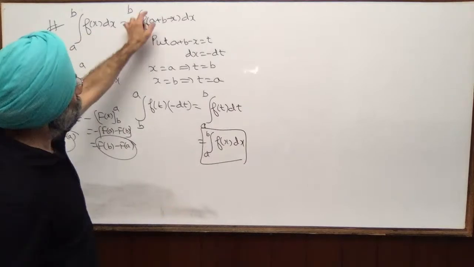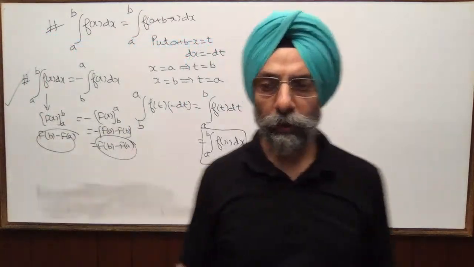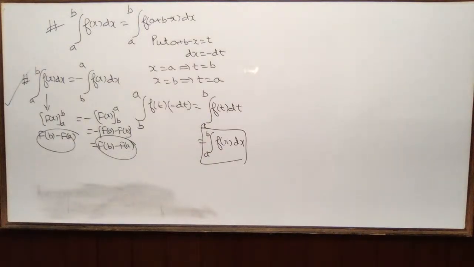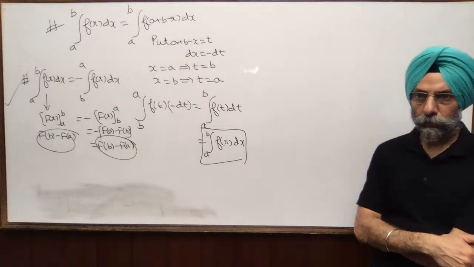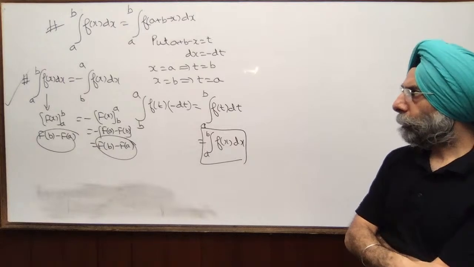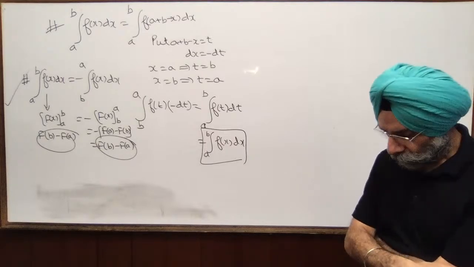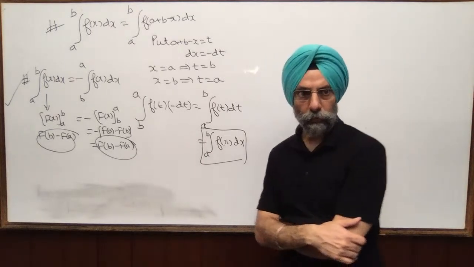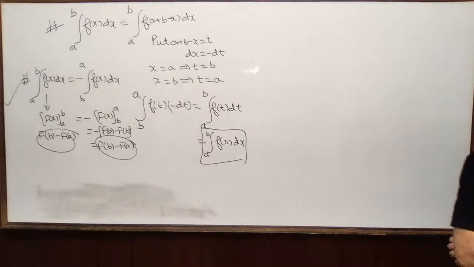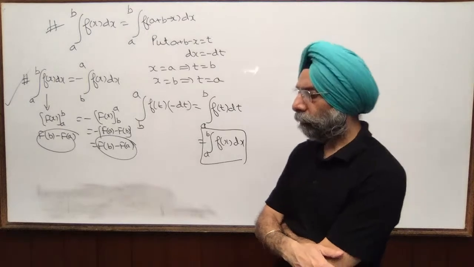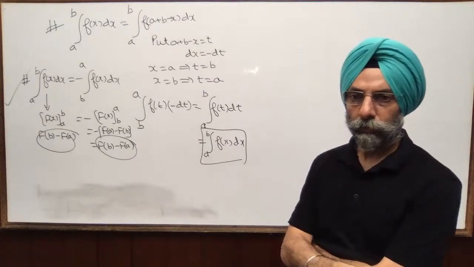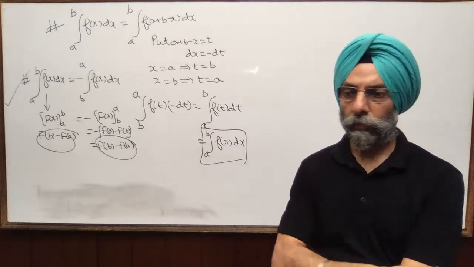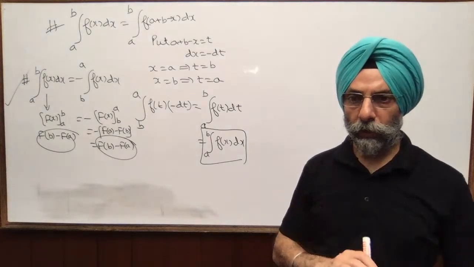That is integral a to b f(x) dx is equal to integral a to b f of a plus b minus x dx. Note down this property, son. Okay, fine, note it.